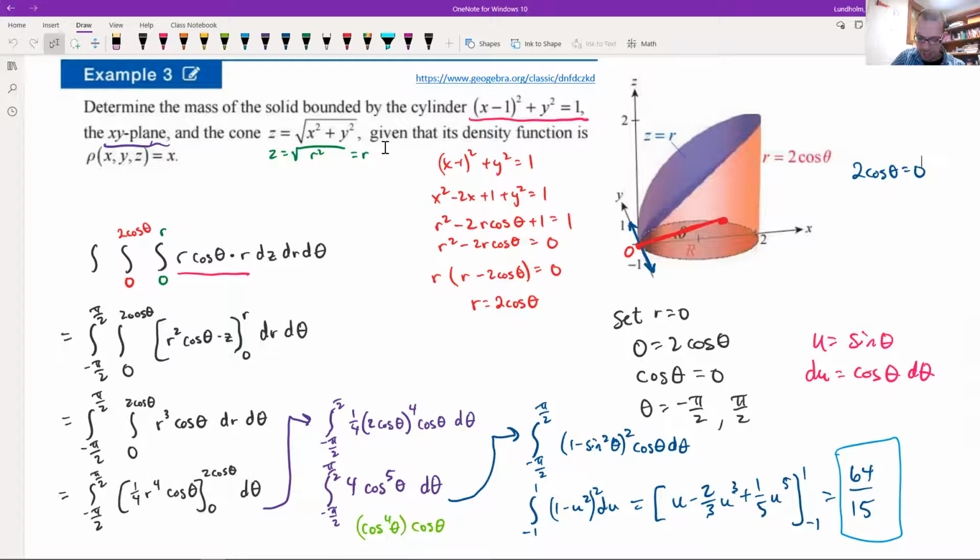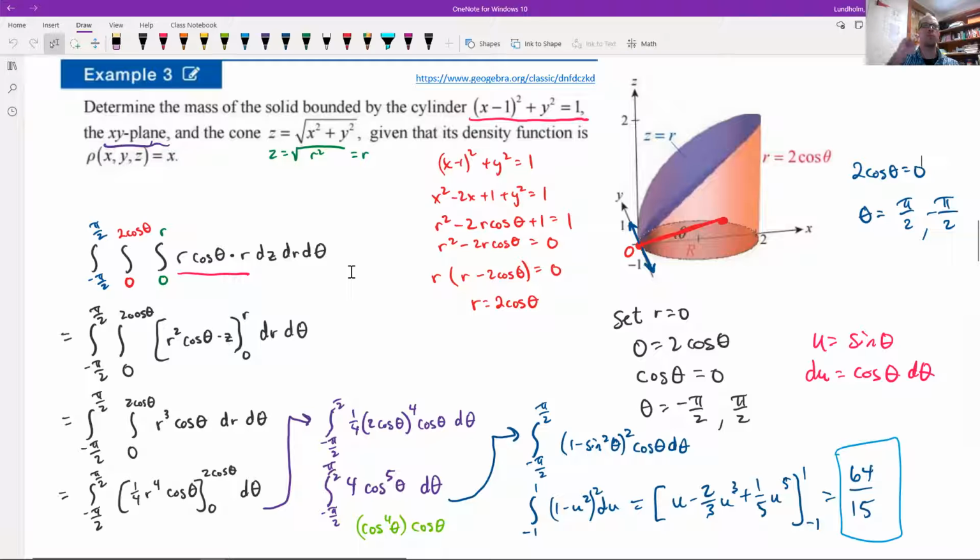And that happens when theta is at pi halves or negative pi halves. So the boundaries over here, kind of like exactly what I had eyed up, are negative pi halves and pi halves. Okay, so that is the hardest part of this, translating everything into an integral that you could then solve.